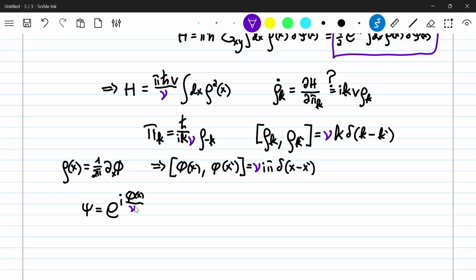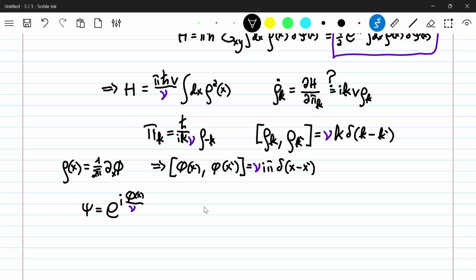Now we have to ask ourselves, okay, great. So now everything is consistent, but psi is a fermion. It still has to be a fermion because it's the electron operator. So it must obey the anti-commutator. Let me write them explicitly.